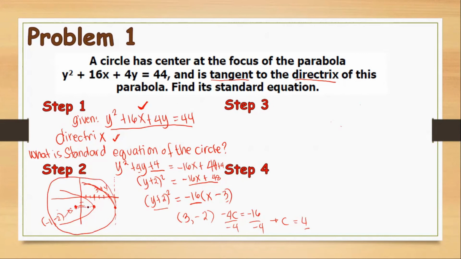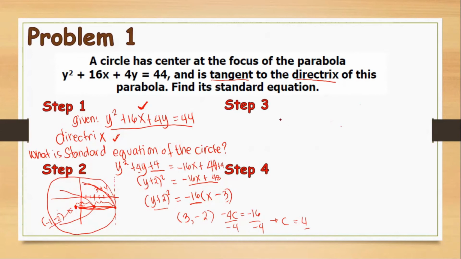Okay, but the center is here, found at the focus of the parabola. So let's find the radius. The radius is 8 because the distance from the focus to the vertex of our parabola is 4 units, and another one to the directrix is also 4 units. So therefore, for step 3, we can have our equation as the center of our circle is at negative 1, negative 2, which is the focus.